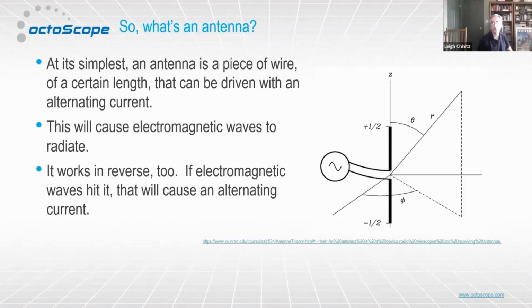So if you hit a wire with electromagnetic waves, that will cause the alternating current to go up and down, and that's what it looks like when an antenna is used as a receiver. So an antenna can both be a transmitter, where you cause the waves to come out, and a receiver, where when it receives those waves, it creates a current.